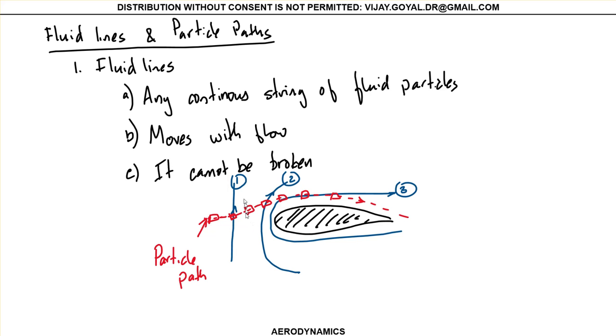These are fluid lines. Number 3 is a fluid loop, because you can see it starts here and just goes around this. These are particle lines, which actually move along the contour of my object.